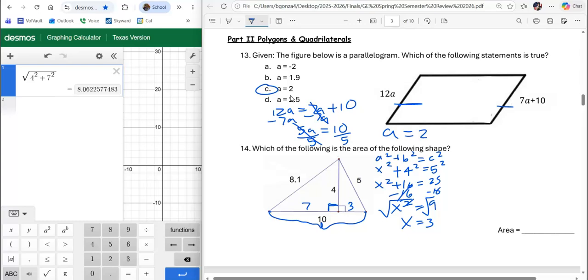Now, the area on the left is going to be base times height divided by 2. The base and the height are on the right angle. So 4 times 7 divided by 2 is going to be this area. And I'm going to add the other area of this triangle. So base times height, 3 times 4 divided by 2.